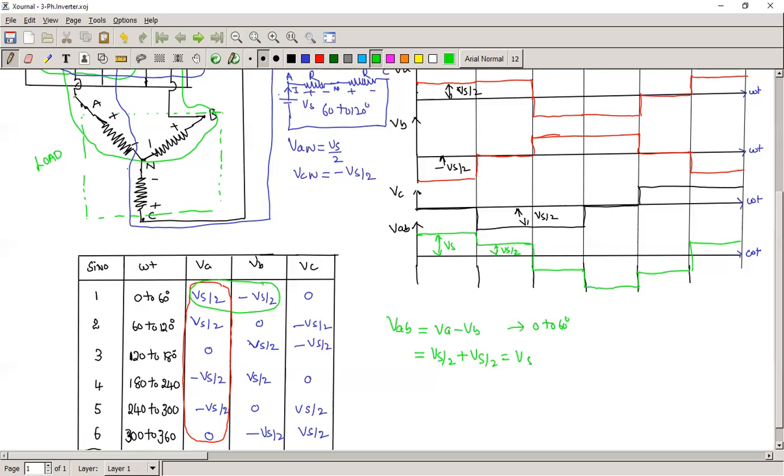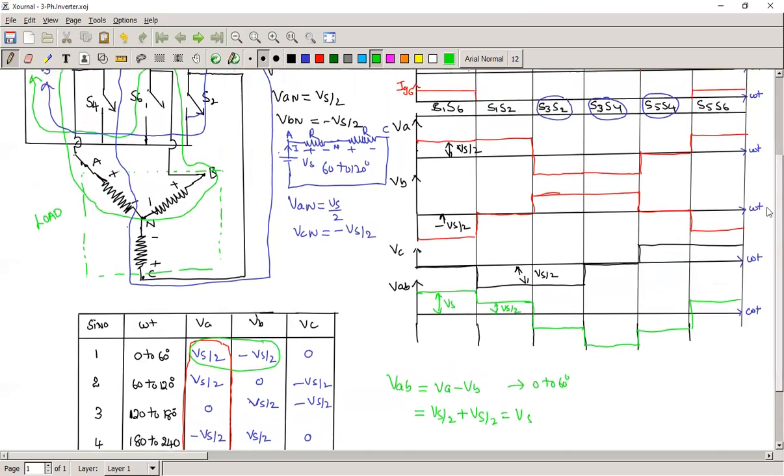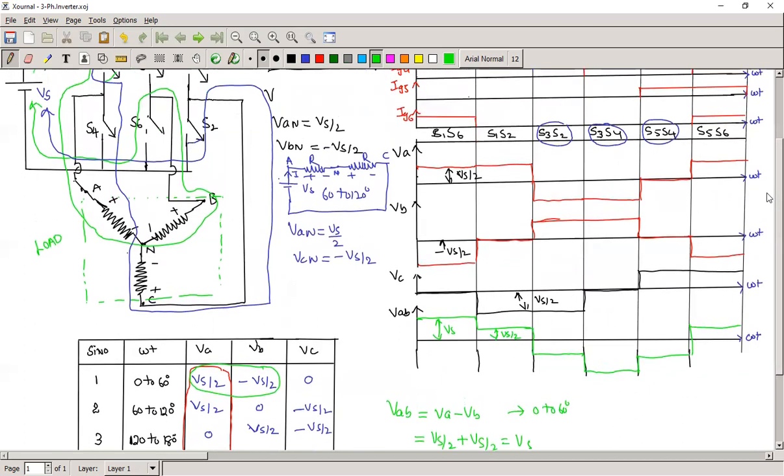If we consider the phase voltages, it is not a rectangular waveform, it is a step. Now we have to check what voltage is generated. Is it a three-phase voltage or not? Phase A is crossing 0 at omega t equal to 0, then progressing positive. Phase B crosses 0 and progresses positive at this point.